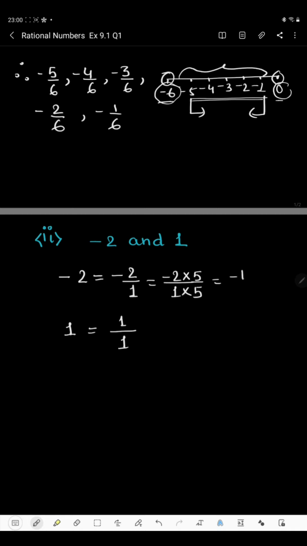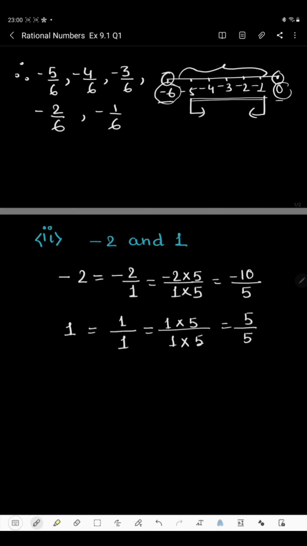So 5 into -2 is -10, and in the denominator we are getting 5. Now we have to make the denominator 5 here too. What should be multiplied by 1 to get 5? It's 5 only. The same number will be multiplied by the numerator also, so we are getting 5 by 5.